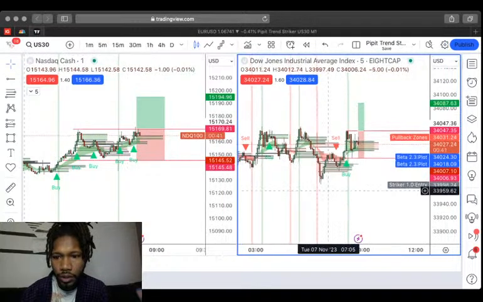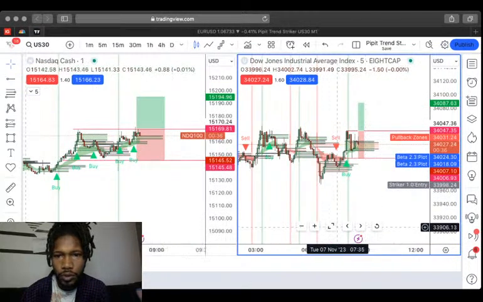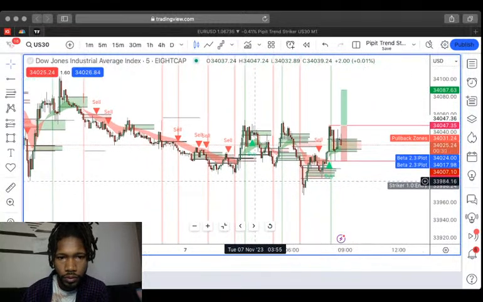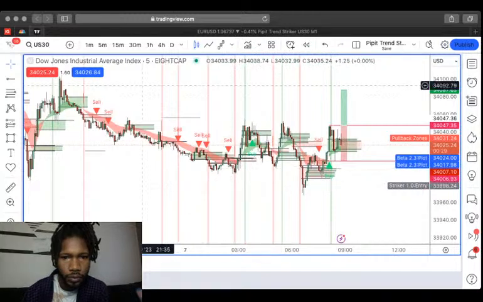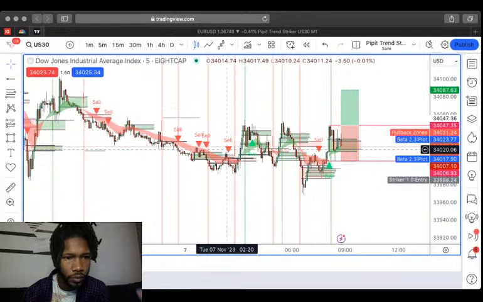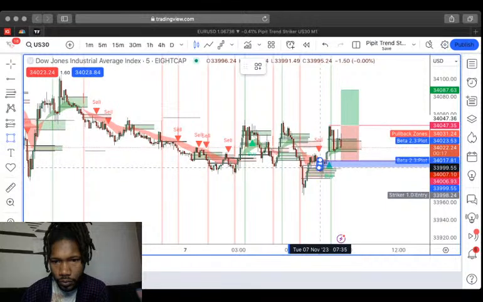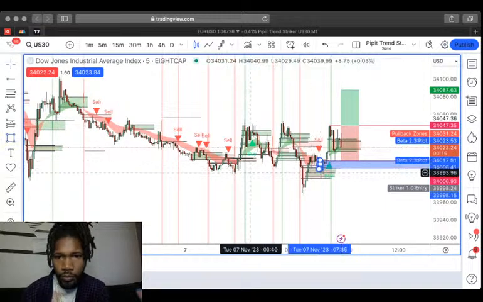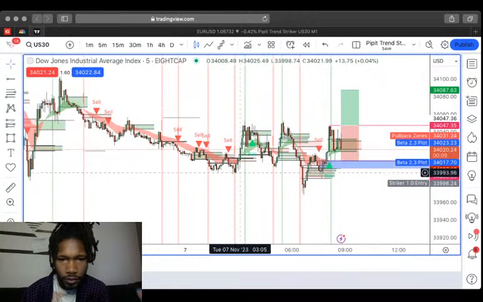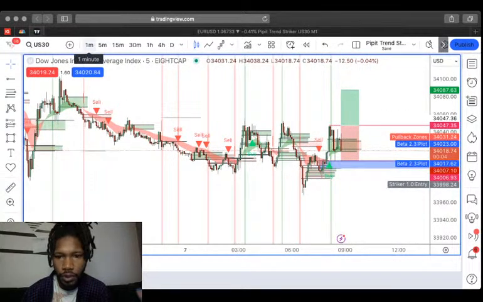I might expect price to pull down into this, so I have to be careful to watch that on US 30.